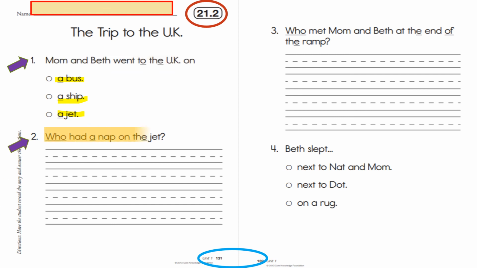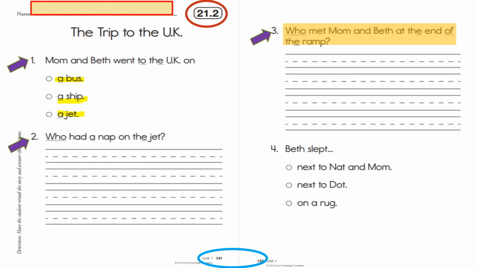Number 2. Who had a nap on the jet? Make sure you write your answer in complete sentences neatly on the lines. Number 3. Who met Mom and Beth at the end of the ramp? Make sure you answer your question in complete sentences and write neatly on the lines.